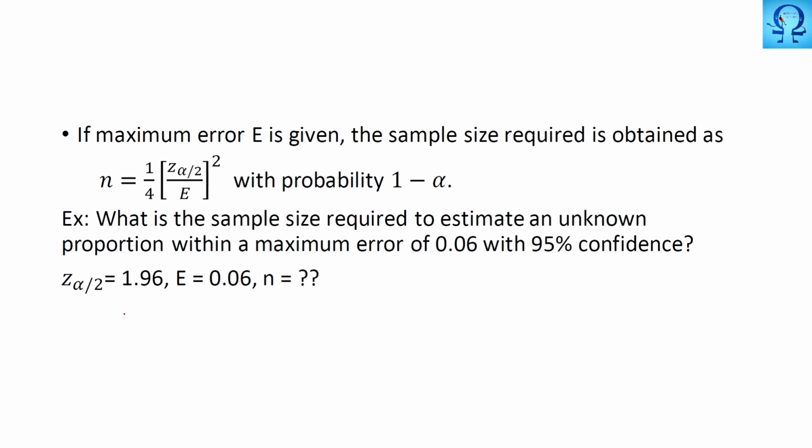So n is 1 upon 4 times 1.96 upon the error 0.06, whole square. If you just calculate, you would get approximately 267 with probability 95 percent.